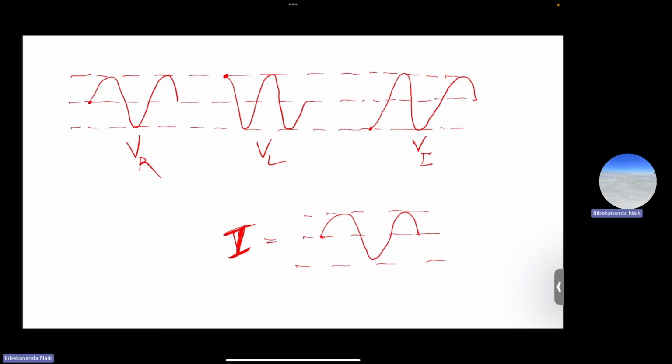So I is of the form. For resistance, voltage and current are in phase. For an inductor, voltage leads by 90 degrees. For a capacitor, current leads by 90 degrees. Now if you talk about the phasor diagram, for the individual elements: here both current and voltage are in phase, so this is I, this is VR.